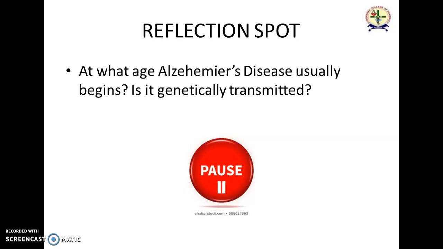Main risk factors for the disease are lack of exercise, smoking, depression, and poor education. Second question, is it genetically transmitted? The research shows that yes, the disease appears to be passed down through the mother's genes.